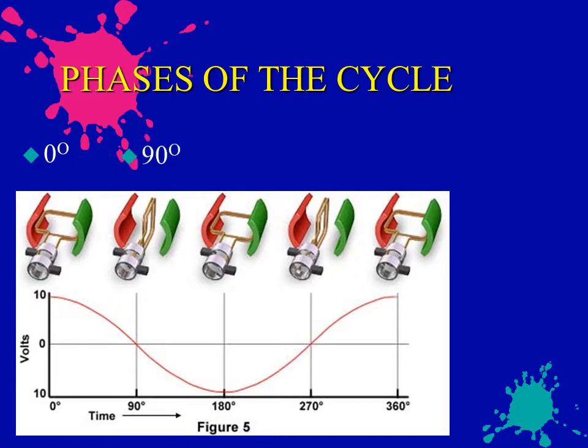At 90 degrees, we have no conductors cutting through the magnetic field. Therefore, we have no output in volts, in other words 0 volts. At 180 degrees, the conductors are again at 90 degrees with reference to the magnetic field, but now moving in the opposite direction, which causes the voltage sine wave to go negative.